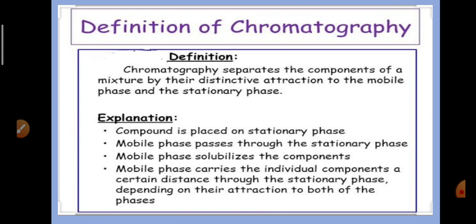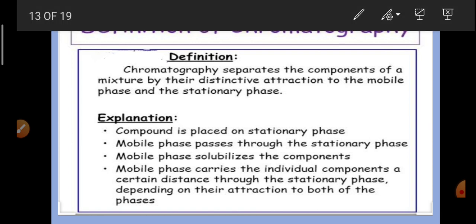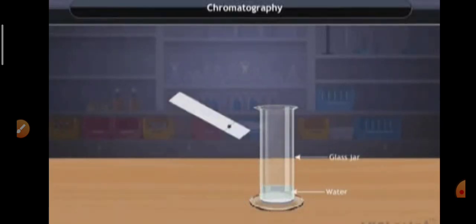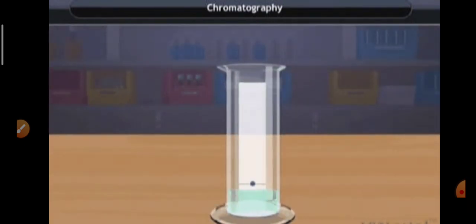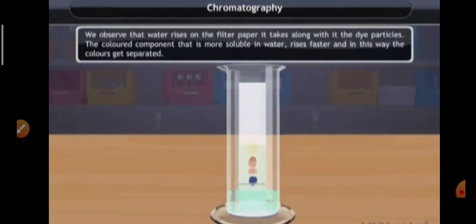It mixes with the mixture present in the filter paper, and then the mobile phase carries the individual components a certain distance through the stationary phase depending on their attraction to both of the phases. Let's see it. Here you can see the filter paper has been put inside the beaker containing water, and the mixture is separated.